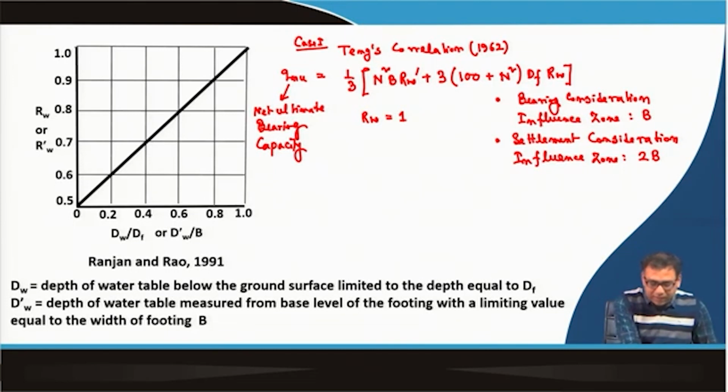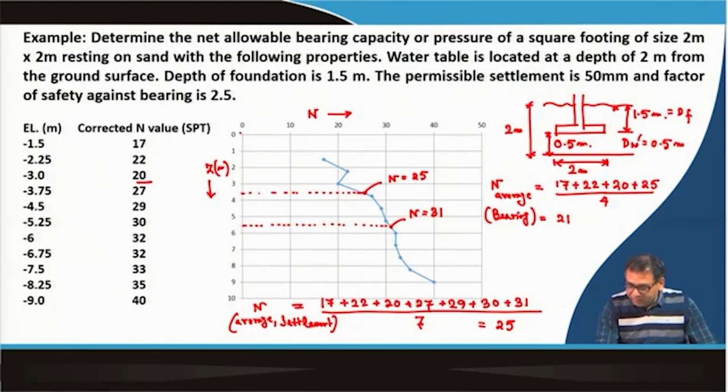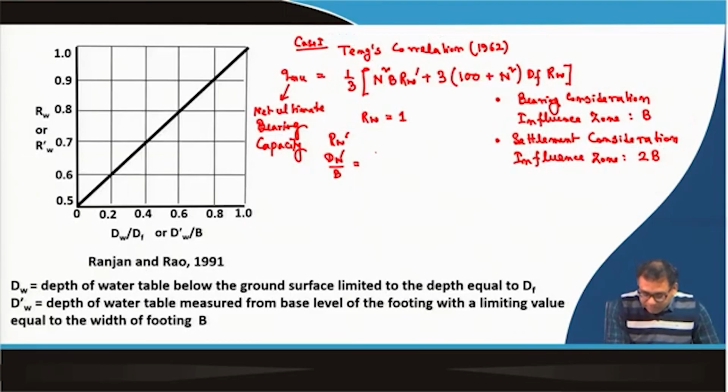So, corresponding RW is 1, because water table is below the base of foundation, but RW dash we have to calculate. So, for that calculation you have to know dW dash by B, and dW dash is 0.5 and B is 2. So, this is equal to 0.25.